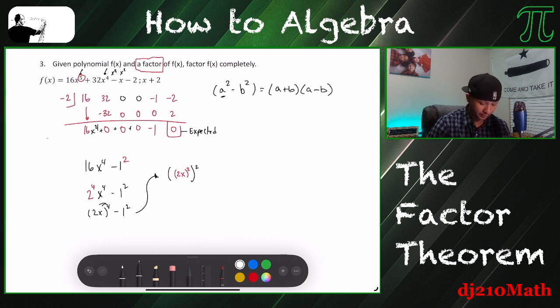Right? This is my a value. Minus 1 squared. So A is going to be 2x squared. B is going to be 1. So we put it all together. I'm going to get 2x squared for my A, and then plus 1 minus 1 for B.